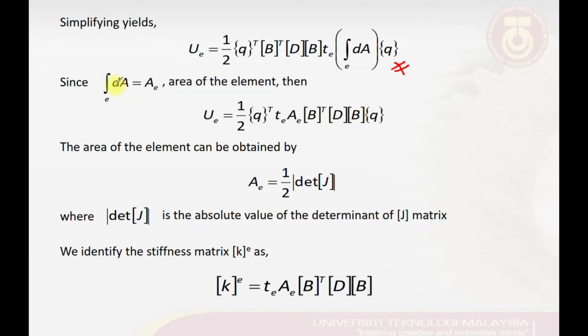And since we know the integration of the small elements of the area refers to A_e, which is the area of the element, it can be substituted into the first equation, giving the second equation in the slide, where the area of our CST element can be obtained from half of the determinant of our J matrix.